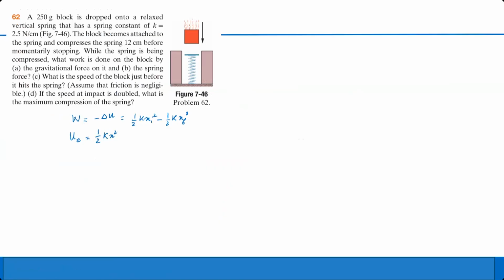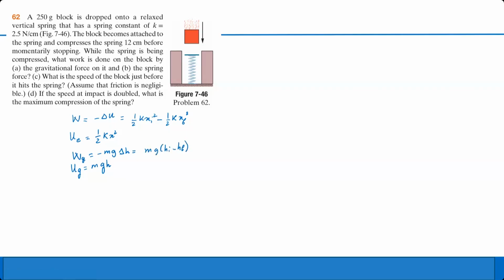So it will depend on the actual compression at the point of interest. We will also study the work done by gravity and the gravitational potential energy. The gravitational potential energy is mgh, and the work done by gravity will be also minus mg delta h, which is, well, I can write it as mg into h initial minus h final.